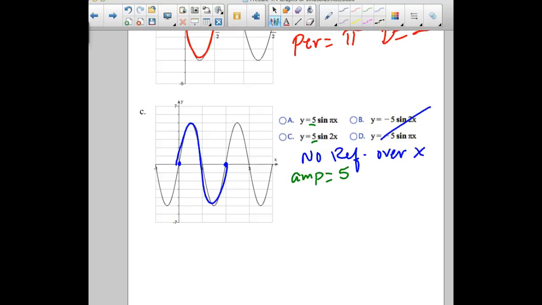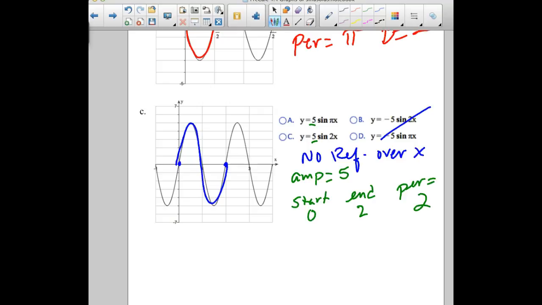Now, for my B term, where do I start and end? I start at 0 and I end at 2. Yes? So the period, this one's a little different. My period is just plain 2. It doesn't have pi in it.